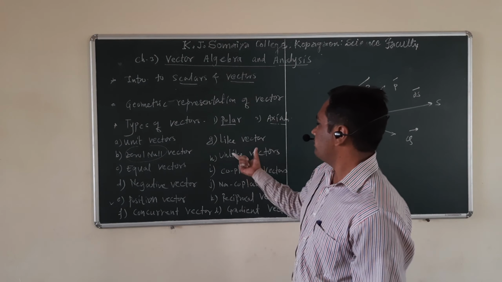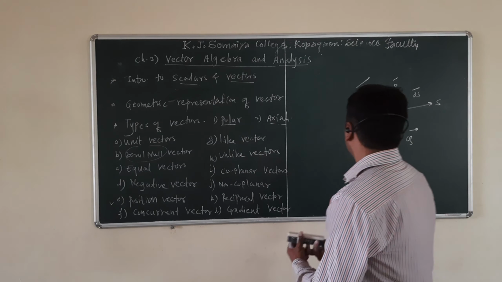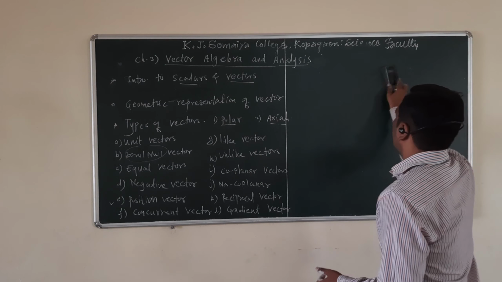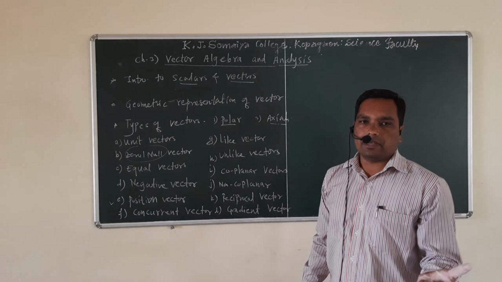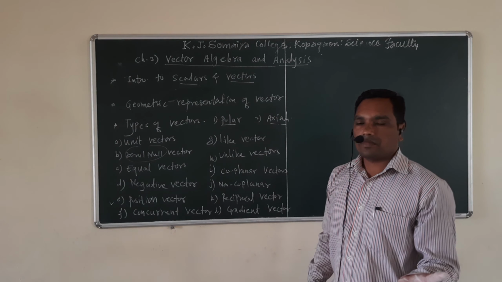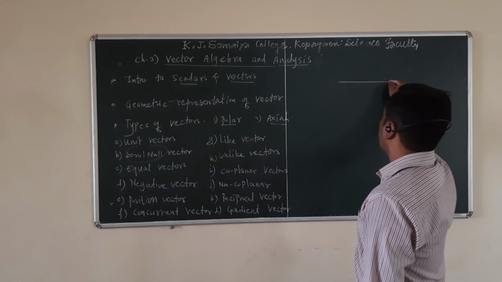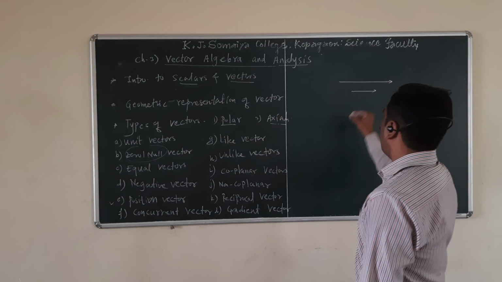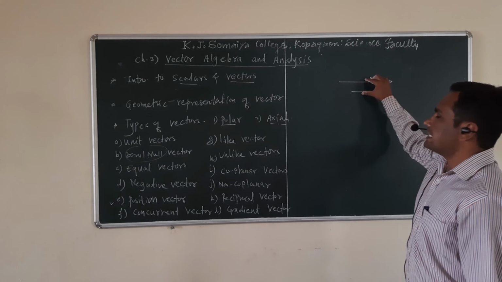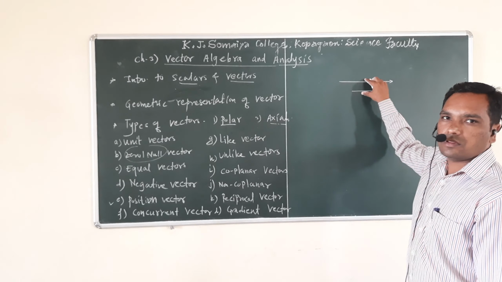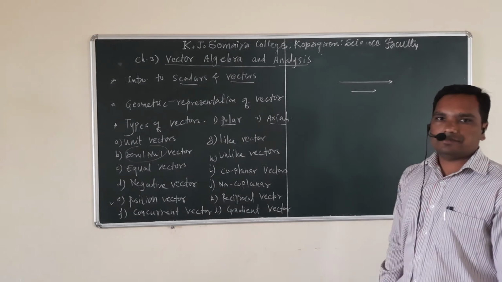The next vectors: like vector and unlike vector. Like vector means two or more vectors have the same direction, but their magnitude may be different.